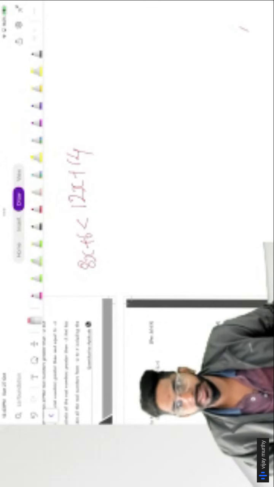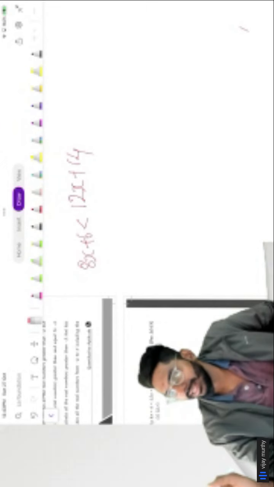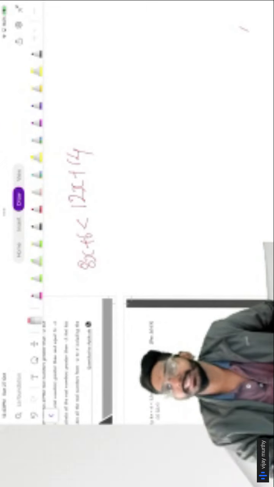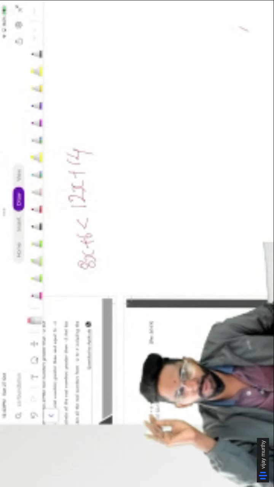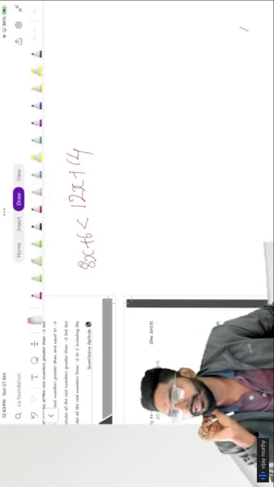Whoever will solve this, no chocolate. This is a chiller level question. If inequalities don't come to you, it is really a waste. Inequalities is the easiest one in the mathematics part.